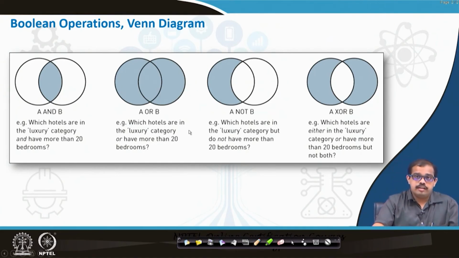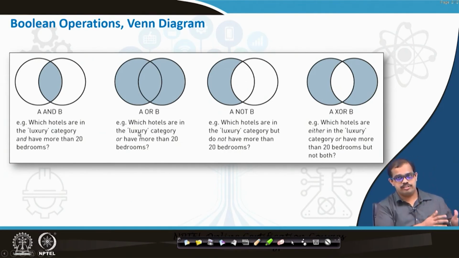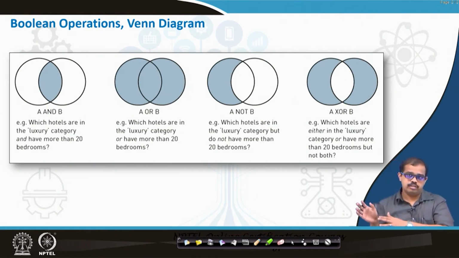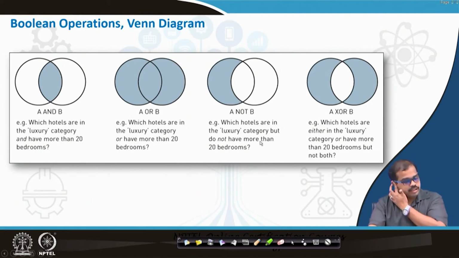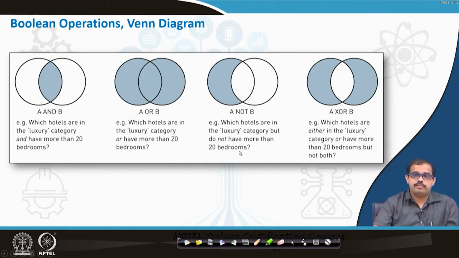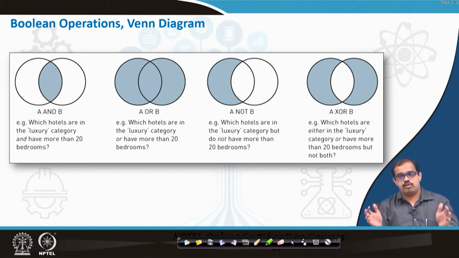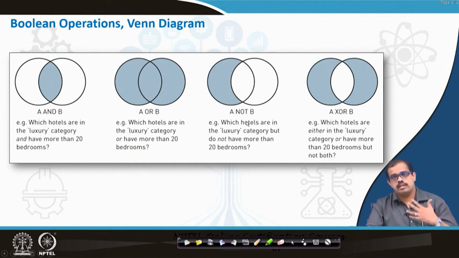Then if it is A or B, which hotels are in the luxury category or having more than 20 rooms, which means either a luxury category or having 20 rooms. So, not both, it can never be both. Then which hotels are in the luxury category, but do not have more than 20 rooms. If someone wants to have bigger rooms and is looking at smaller properties for their stay, they would look at the luxury hotels, but with a smaller number of rooms, so that it is much quieter.